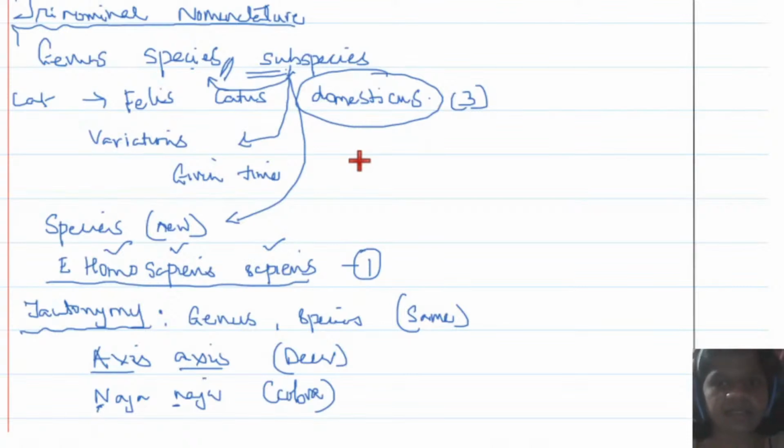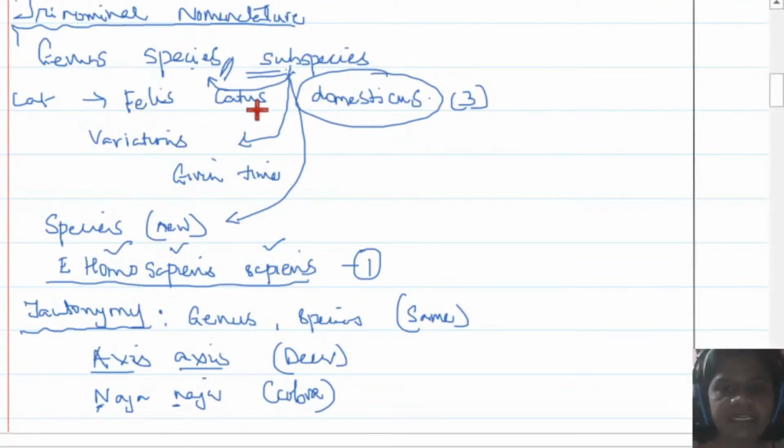Right? Remember that? When it comes to cat, we call it Felis catus domesticus. This is the subspecies. And if you take human being as an example, it is Homo sapiens sapiens. We don't have a subspecies now, but a long time ago with the Cro-Magnon man, there was another. But now we have only one.